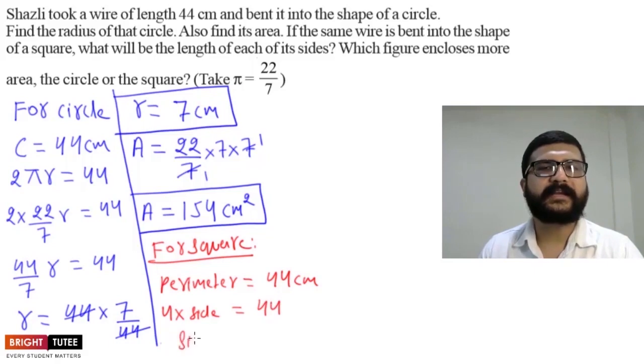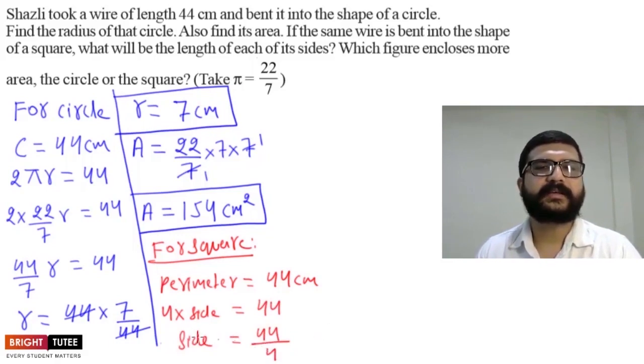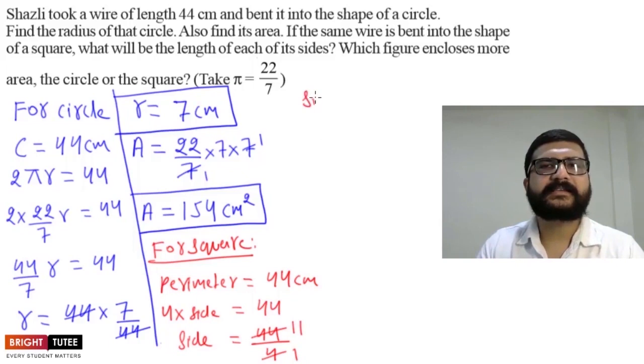From here we can get side is equal to 44 divided by 4, because we have transposed this 4 here on the right side. It was multiplied with side. So after transposing it will come in division with 44. Now 4 ones are 4. 4 into 11 is 44. So therefore we are getting side of the square is equal to 11 centimeters.